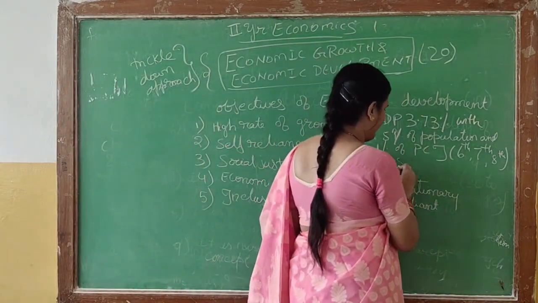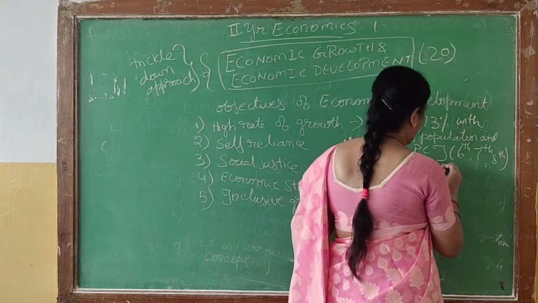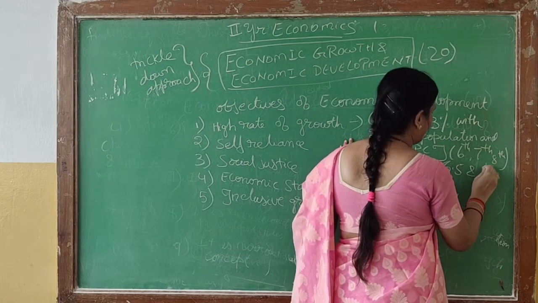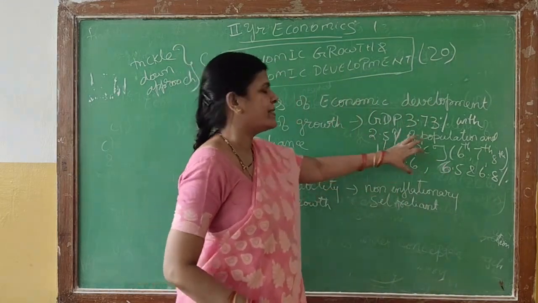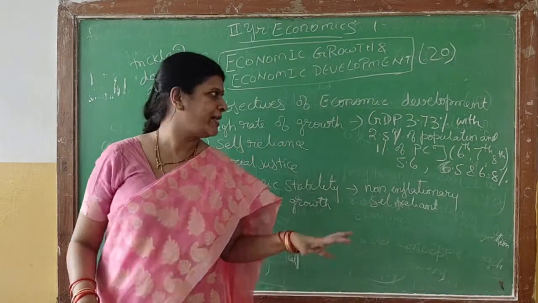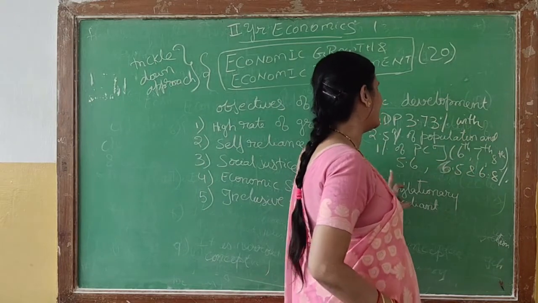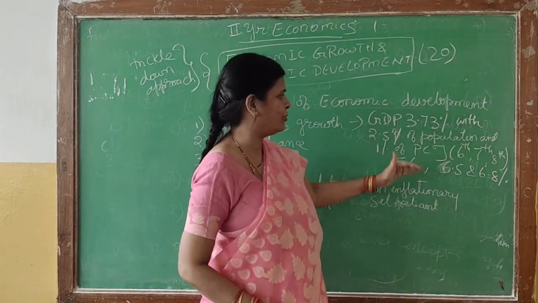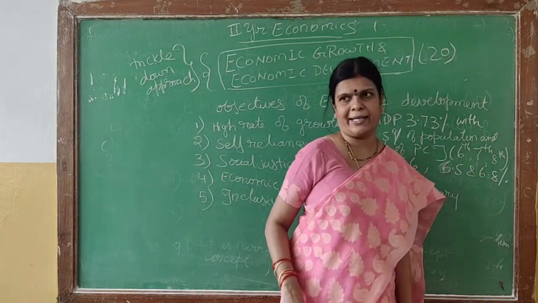So we achieved first in the 6th 5-year plan 5.6, then 6.5 and 6.8%. The 6th, 7th, 8th 5-year plans gave more importance to increase in economic growth, increase in national income. That is, it has increased from 3.73 to 5.6, 6.5, 6.8.